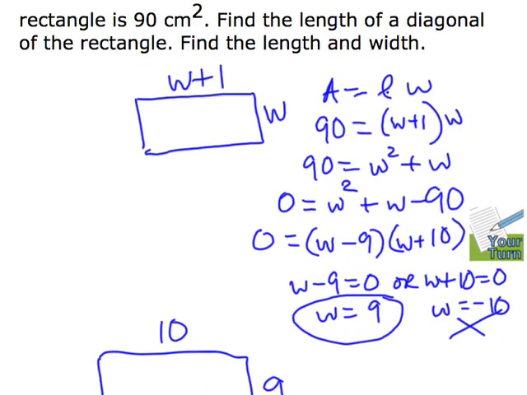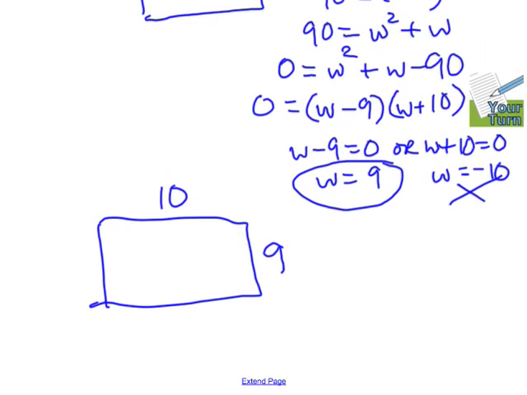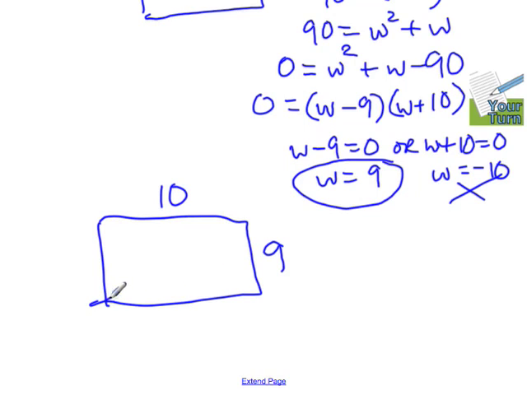One of the questions, they say find the length and width. Got it. But they also ask what the diagonal of the rectangle is. So if I have a diagonal that goes across like this, they want to know what that length is. Well, if I know that the width is 9 and the length is 10, it looks to me like I have a right angle here, and right in here, I've got a right triangle.